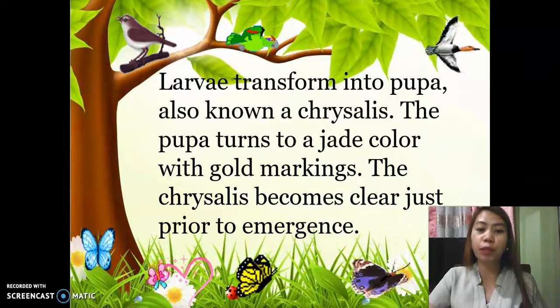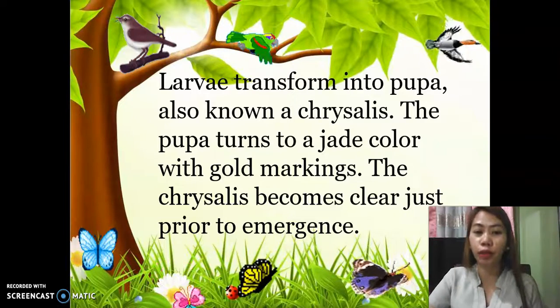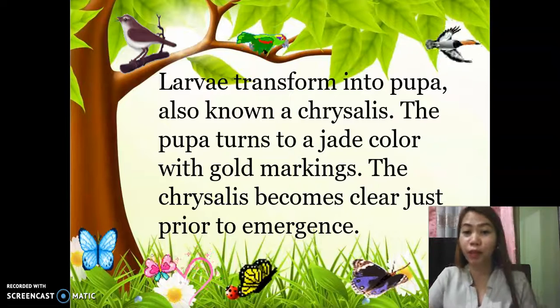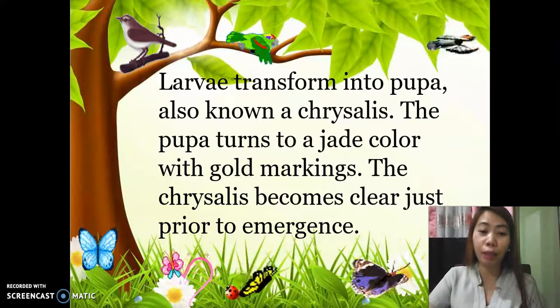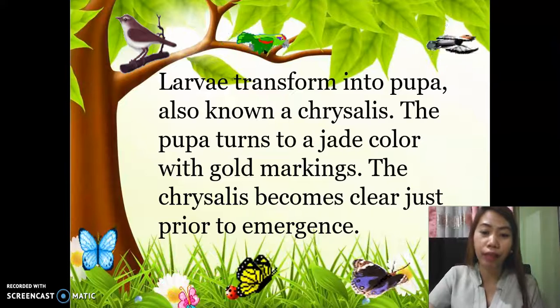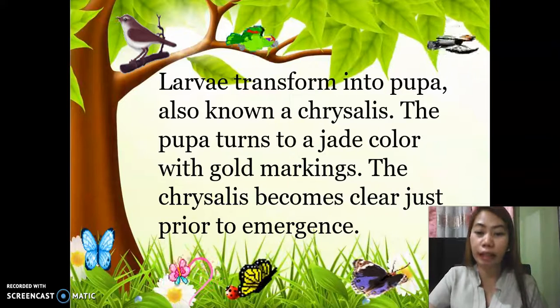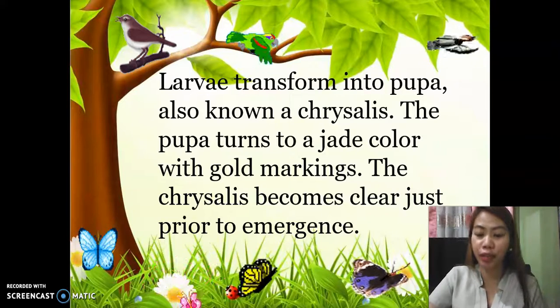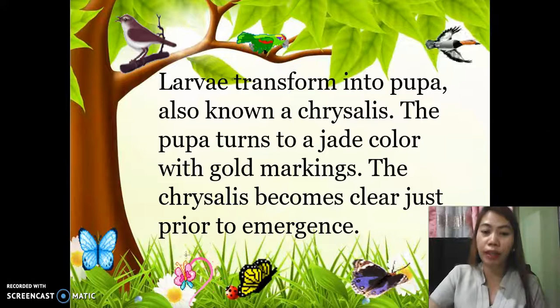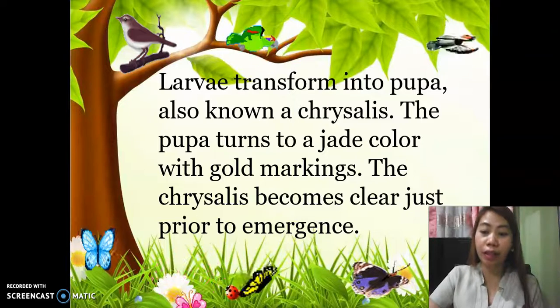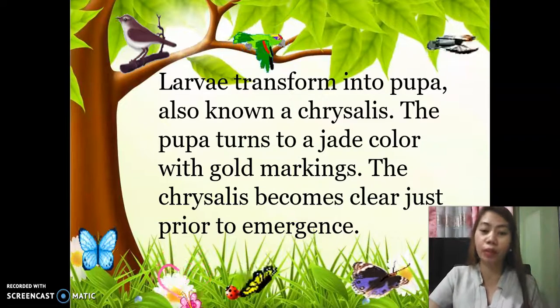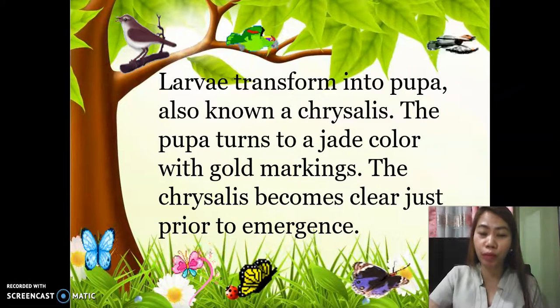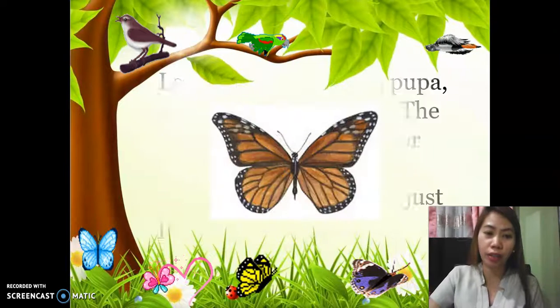So the pupa turns to a jade color with gold markings. So meron pala siyang mga gold markings din. Okay, nagbabago yung kanyang color, no? The chrysalis becomes clear just prior to the emergence. So, nagiging clear, depende siguro sa temperature, we call that emergence.